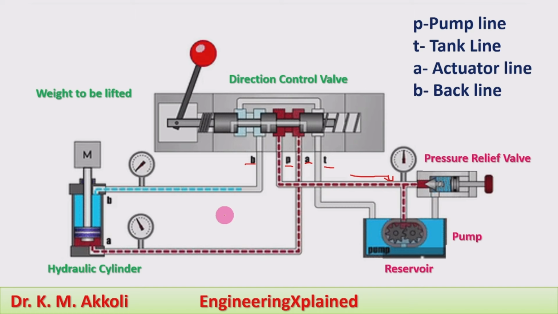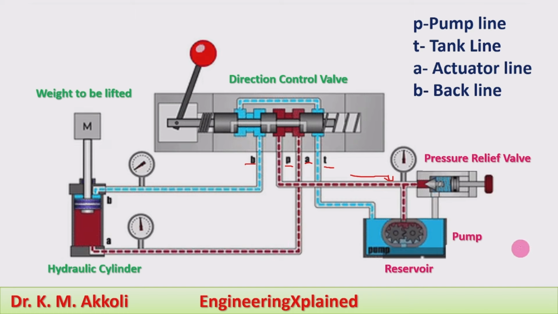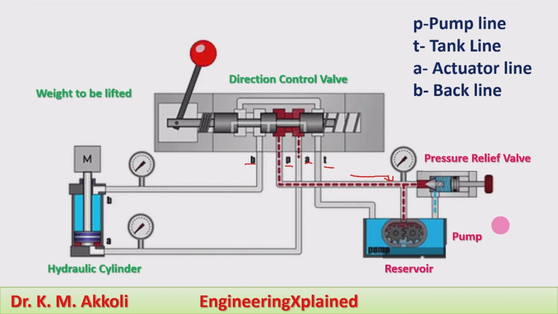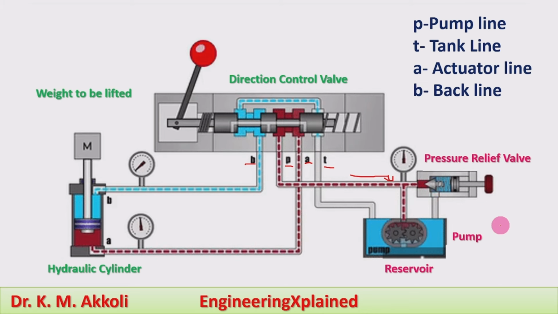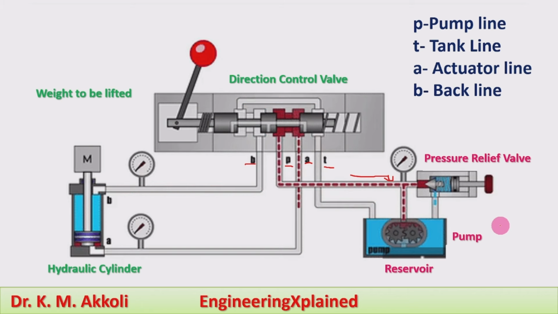And where are these hydraulic systems used? Hydraulic systems are mainly used in earth movers and lifts, and we use them in industrial robots and all the machine tools. Wherever high power is required, we use hydraulic systems as compared to mechanical systems.